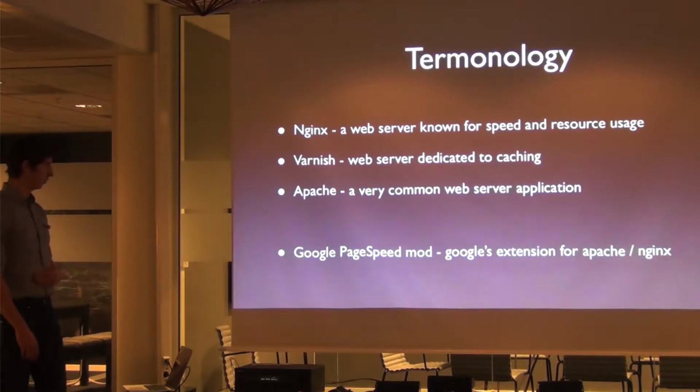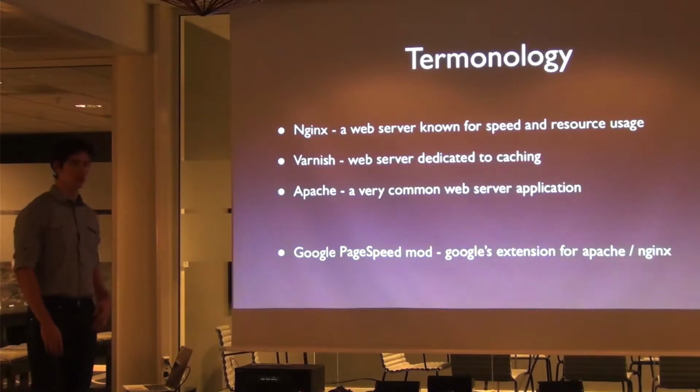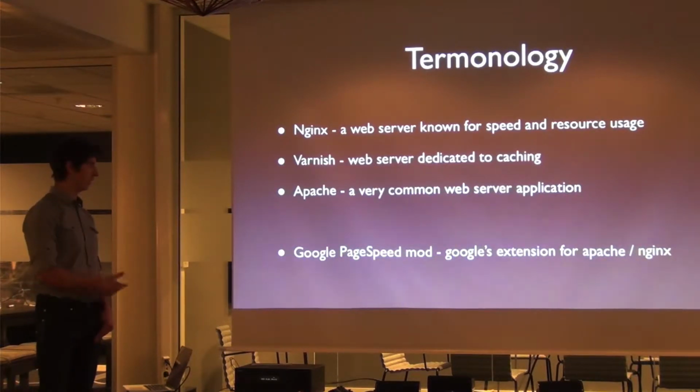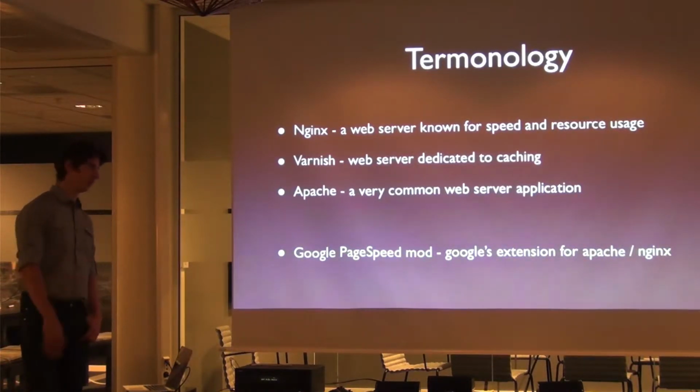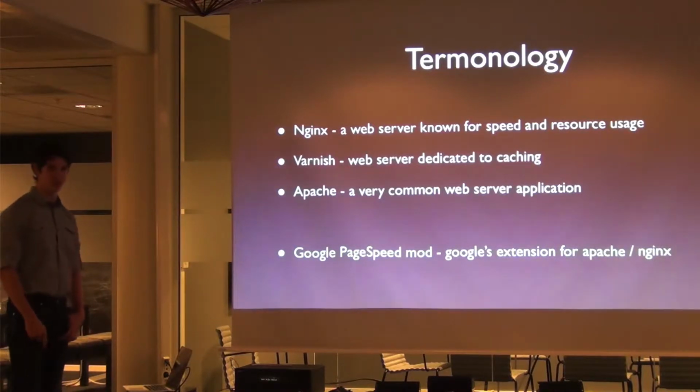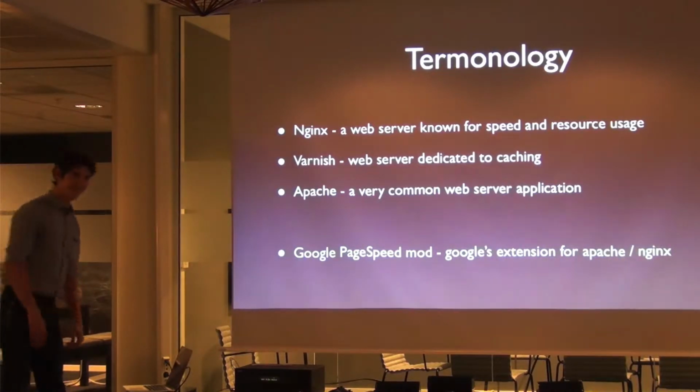And I'm going to also mention Google's PageSpeed module a lot, which is Google's effort at making it easy for people who can edit their Apache and Nginx configurations to speed up their site. I hope I haven't lost too many of you already.